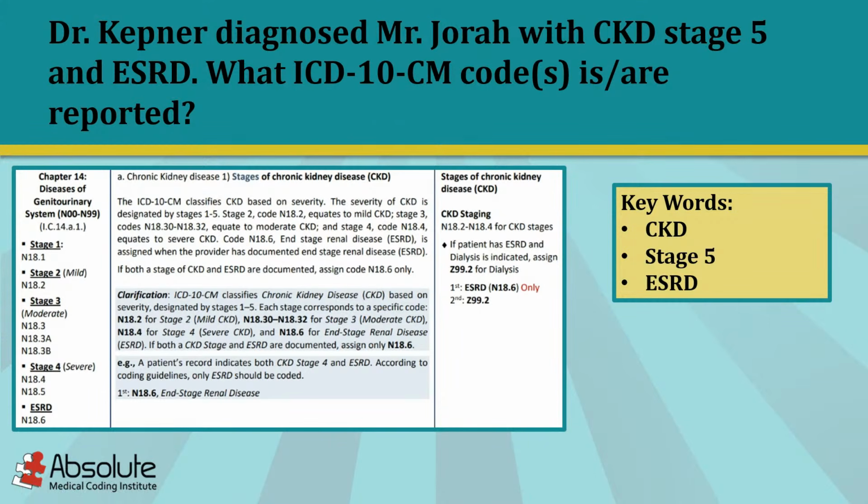And you can see that this chart is super helpful when it comes to coding these kinds of situations. According to these guidelines, if they have stage 5 and ESRD, we're only going to be coding for the highest level. So we don't need to code for that stage 5. We just need to code for the end stage renal disease.